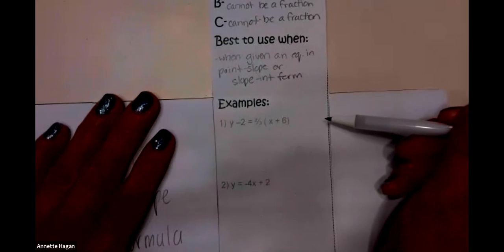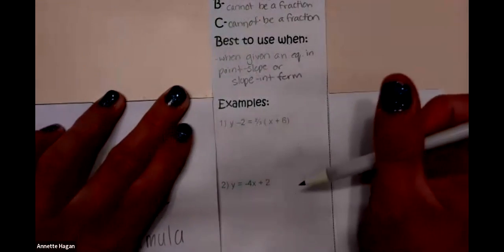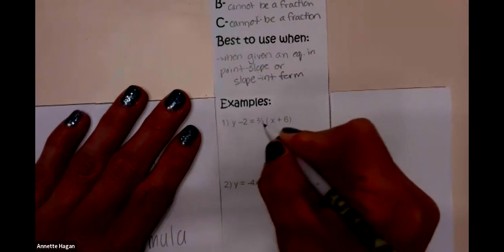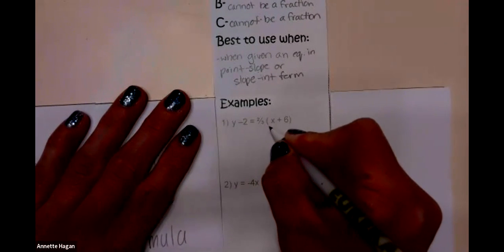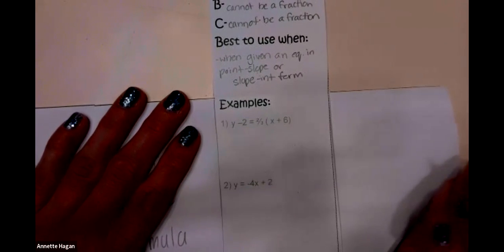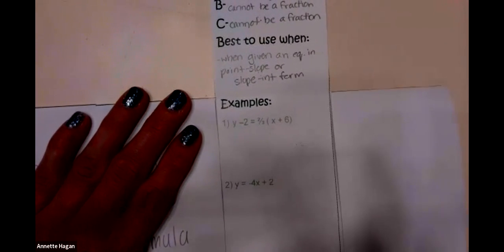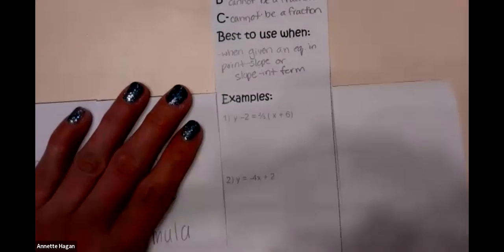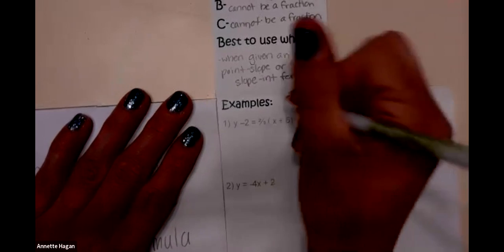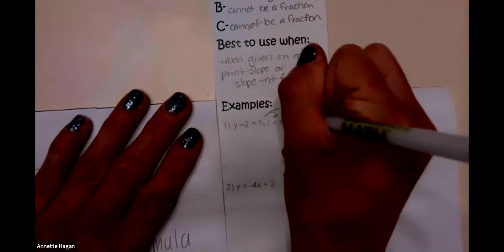So what I have here is an equation in point slope form and an equation in slope intercept form. We're going to put these in standard form. The first one is y minus 2 equals 2/3 times x plus 6. The first thing I'm going to do is distribute the 2/3.